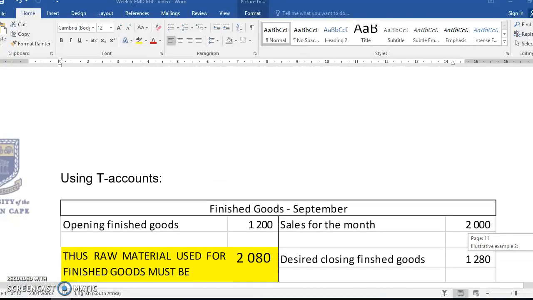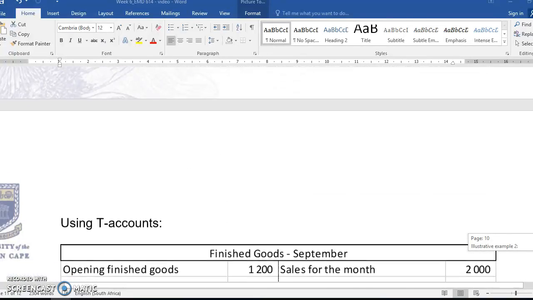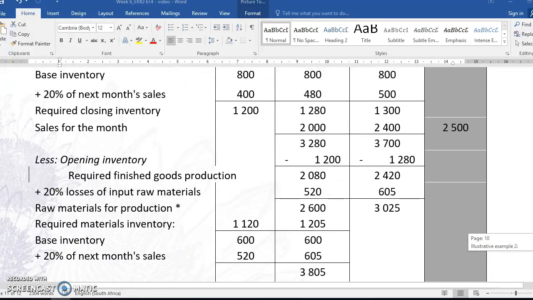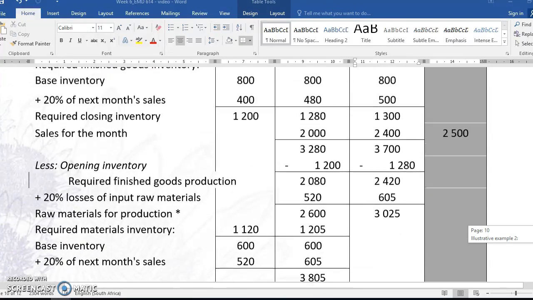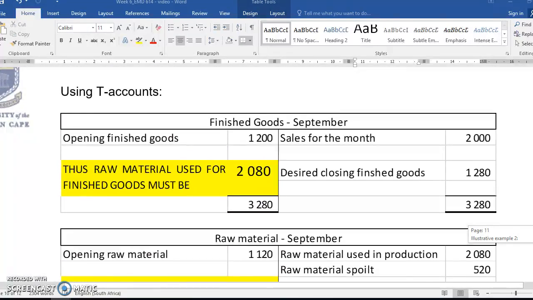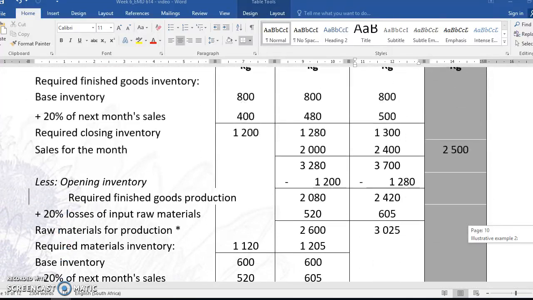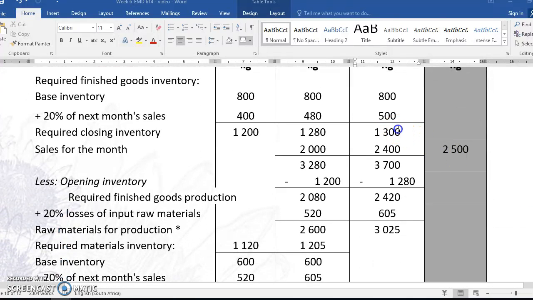So for October, the sales of 2,400 plus the closing balance of 1,300 minus the opening inventory gives us 2,420.